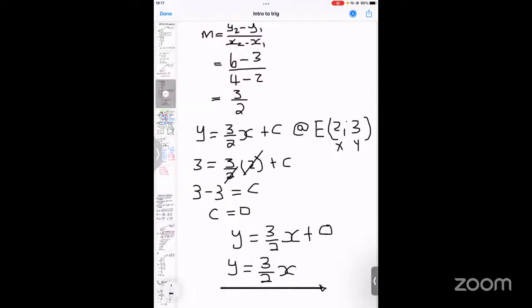If you got your c to be 2, as an example, then it means your equation is going to be y equals 3 over 2x plus 2. That will be the end of it. If it was negative 4, then your c was going to be there as minus 4. So this is just an example depending on you getting a different c value.